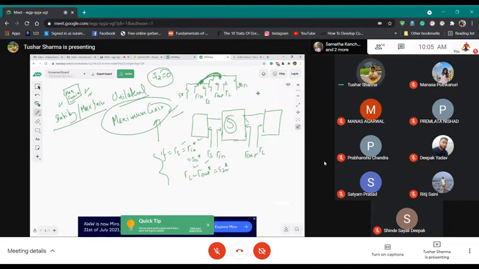Okay, so basically, this is a very good point. What happens is usually when you plot max gain, gain decreases across frequency. This will be your max gain.